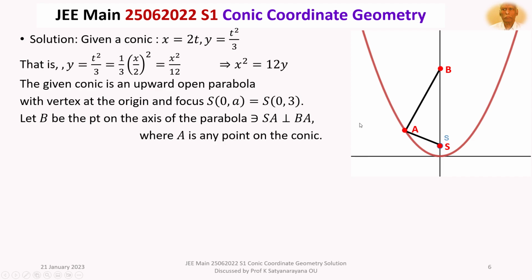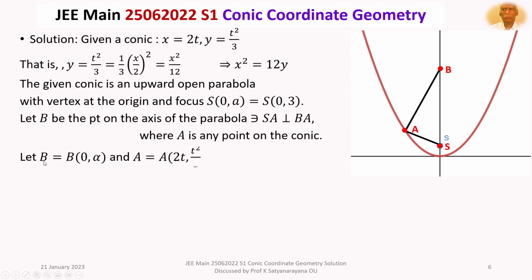Now, in this, the coordinates of S are known. The coordinates of A are known because it is any point on the conic, and the coordinates of B are not known. So let the coordinates of B be 0, comma alpha, where alpha is to be determined.